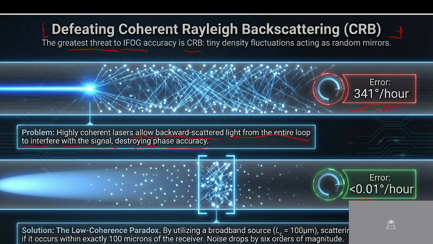And the solution is the low coherence paradox. By utilizing a broad source, with LC equal to 100 micrometers, scattering interference only occurs within exactly 100 microns of the receiver. Noise drops by 6 orders of magnitude.